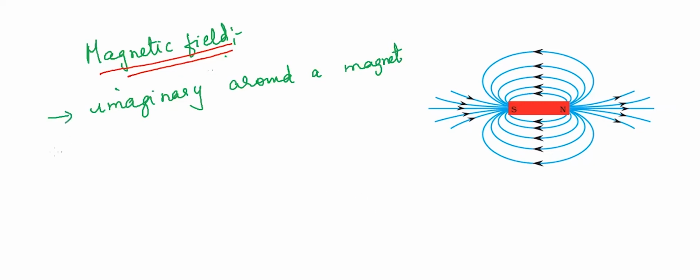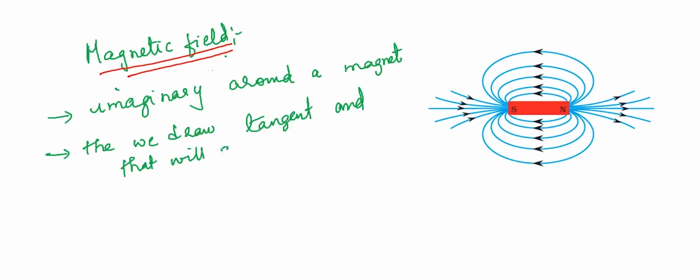These are the lines where, at any point on these lines, we draw a tangent, and that will give the direction of magnetic field.